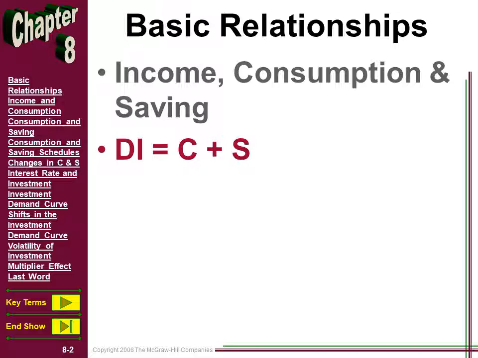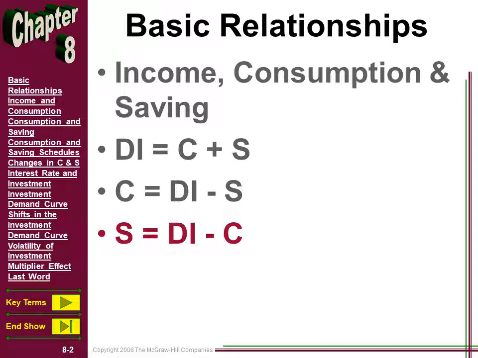We can either spend our money or we can save our money. So we start off with this simple idea that disposable income must equal consumption plus savings. With a little bit of algebraic magic, we can figure out that consumption therefore equals disposable income minus savings, and savings equals disposable income minus consumption.